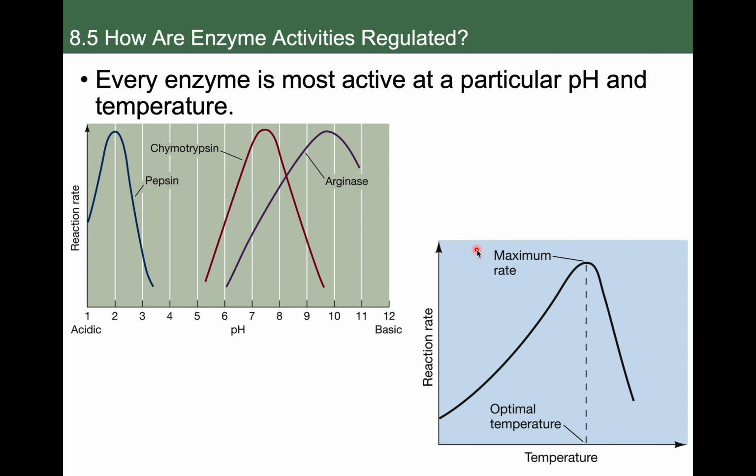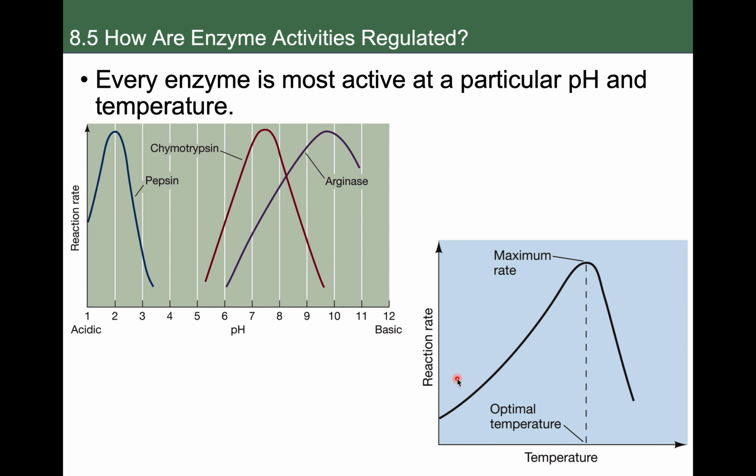So in terms of practical biology and biochemistry, what that means is every enzyme is going to have an optimal pH where it works best. And that may be different for different enzymes. Here you see 3 different enzymes that have 3 different optimal pHs. And every enzyme is going to have an optimal temperature where it works best.